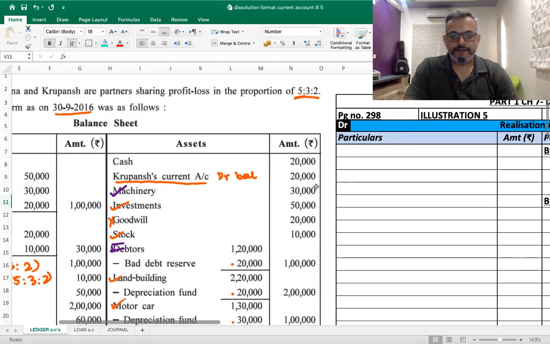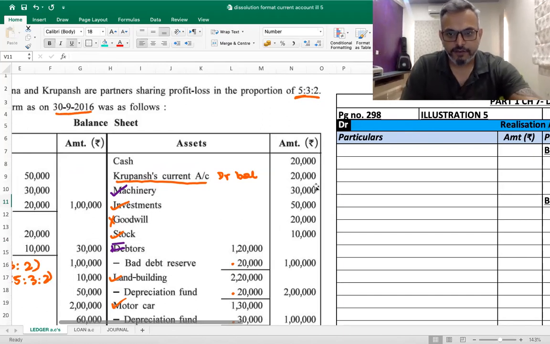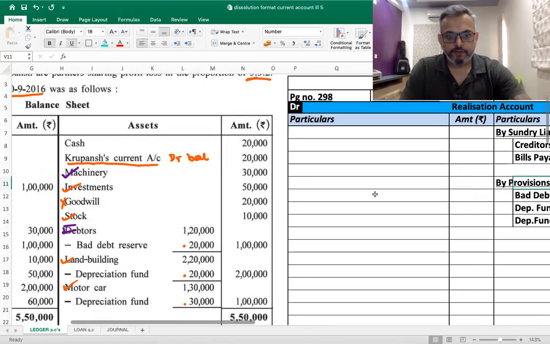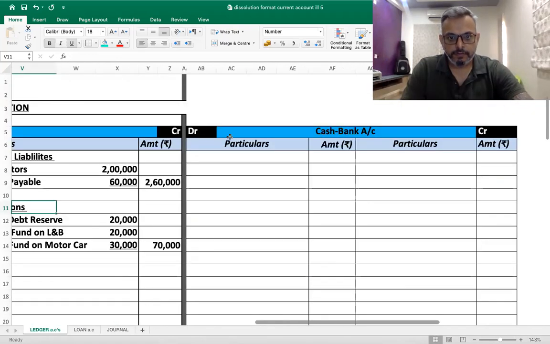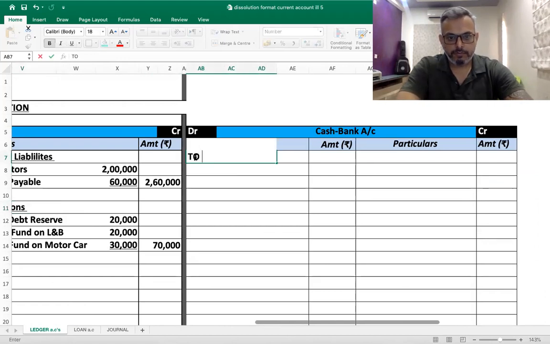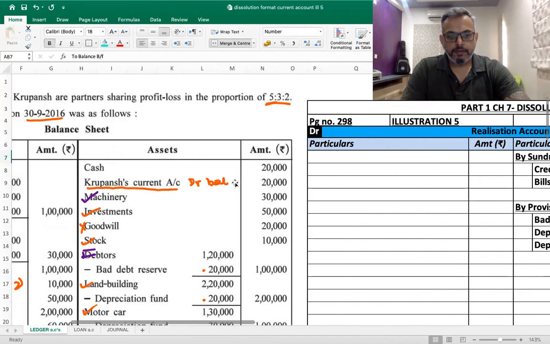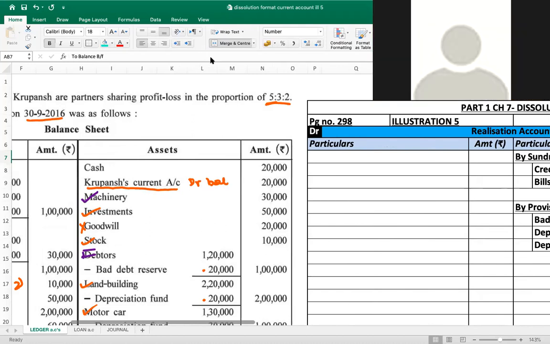लेट्स गो ऑन द असेट साइड. सबसे पहले है कैश. सो कैश में लेट्स गो टू कैश एंड बैंक अकाउंट. 20,000. By balance brought forward 20,000. By partners' current account we have already done. Then machinery.